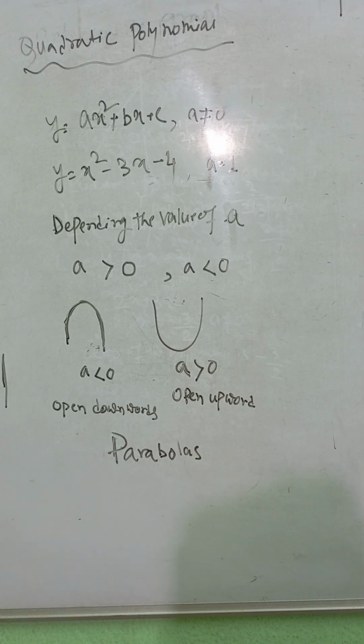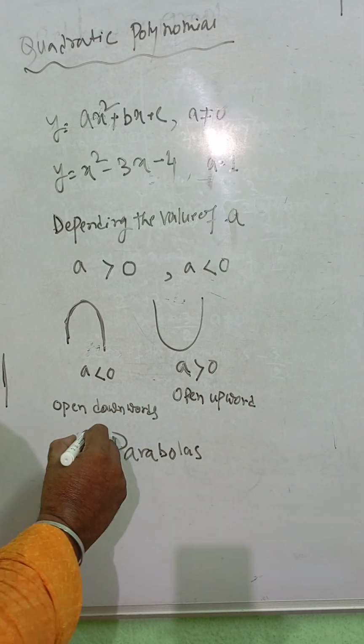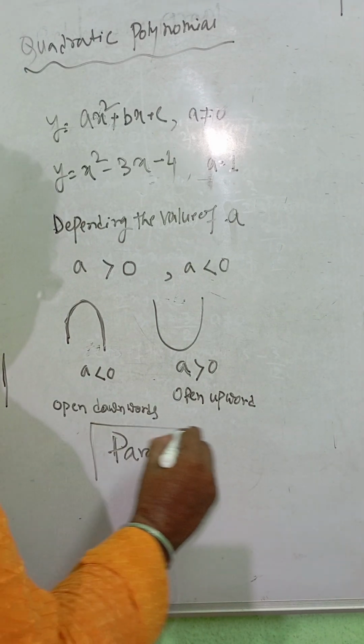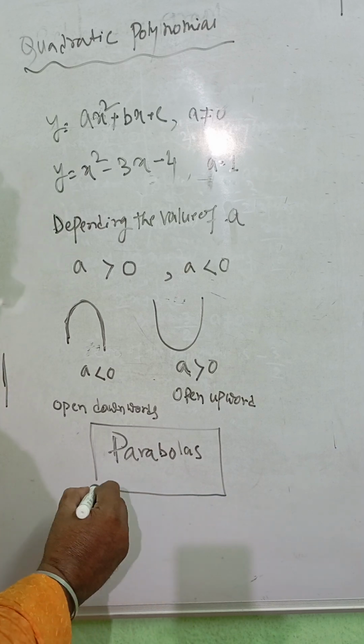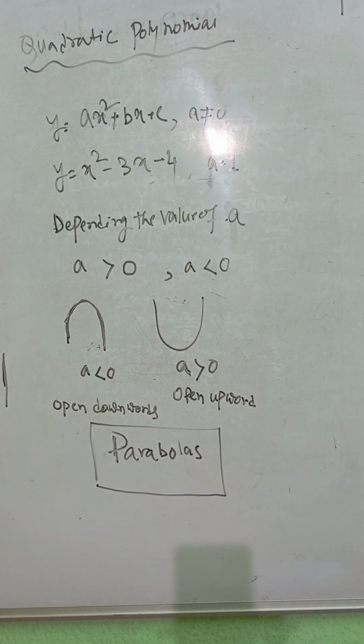If a is greater than 0, it opens upwards. The graph of a quadratic equation is a parabola.